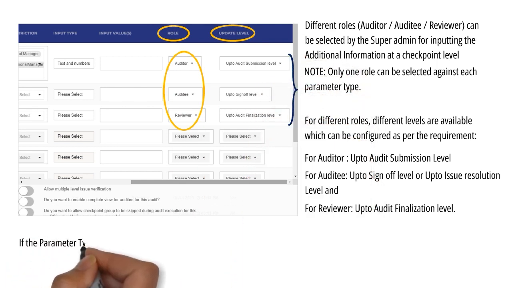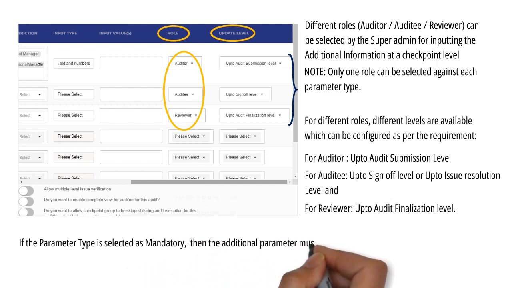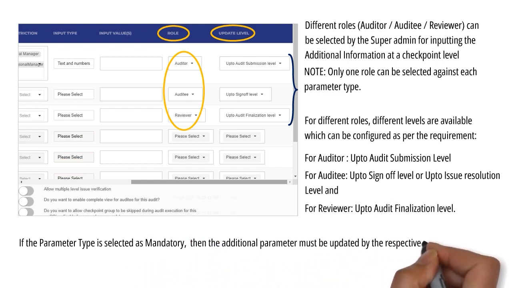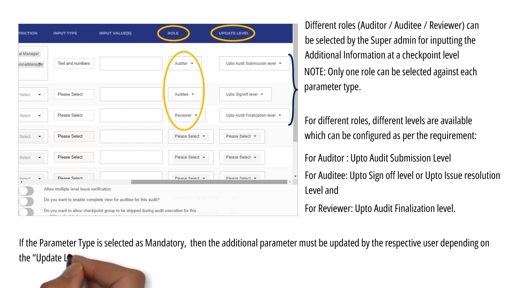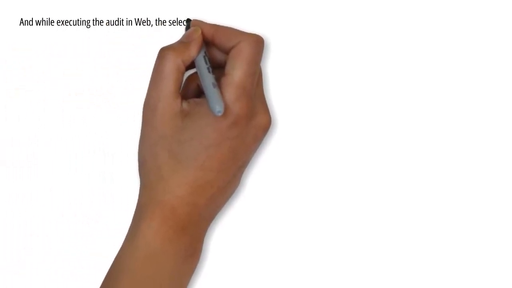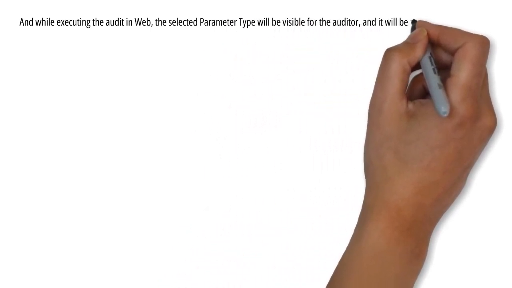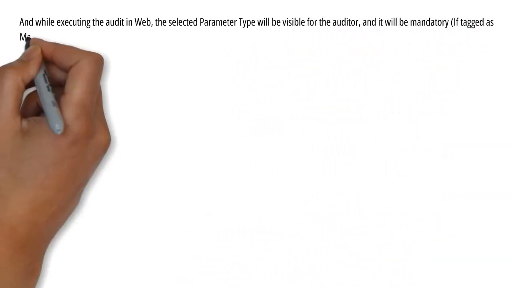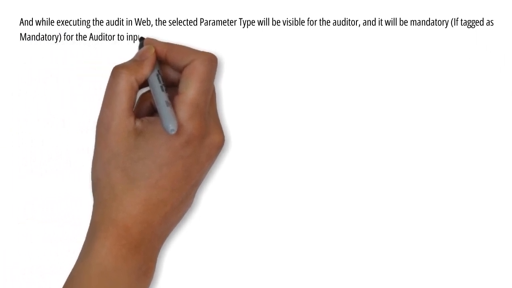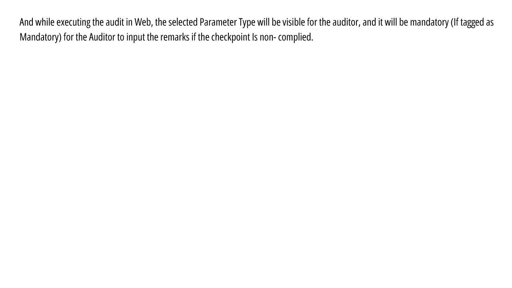If the parameter type is selected as mandatory, then the additional parameter must be updated by the respective user depending on the update level selected. While executing the audit in web, the selected parameter type will be visible for the auditor, and it will be mandatory, if tagged as mandatory, for the auditor to input the remarks if the checkpoint is non-complied.